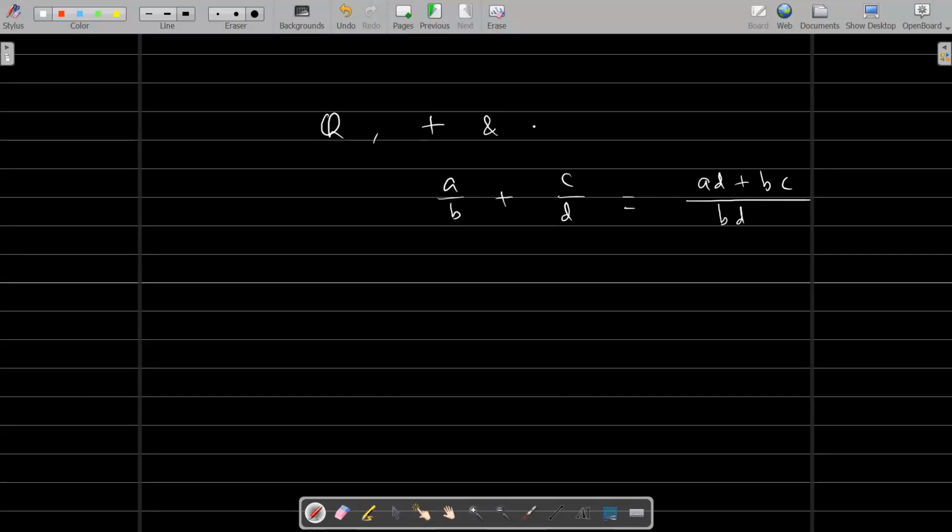Another way to look at the same thing is to make the denominators the same. So a by b I can write as ad by bd, and c by d I can write as bc by bd. Once the denominators are the same, you can simply add the numerator part, so it's ad plus bc upon bd.